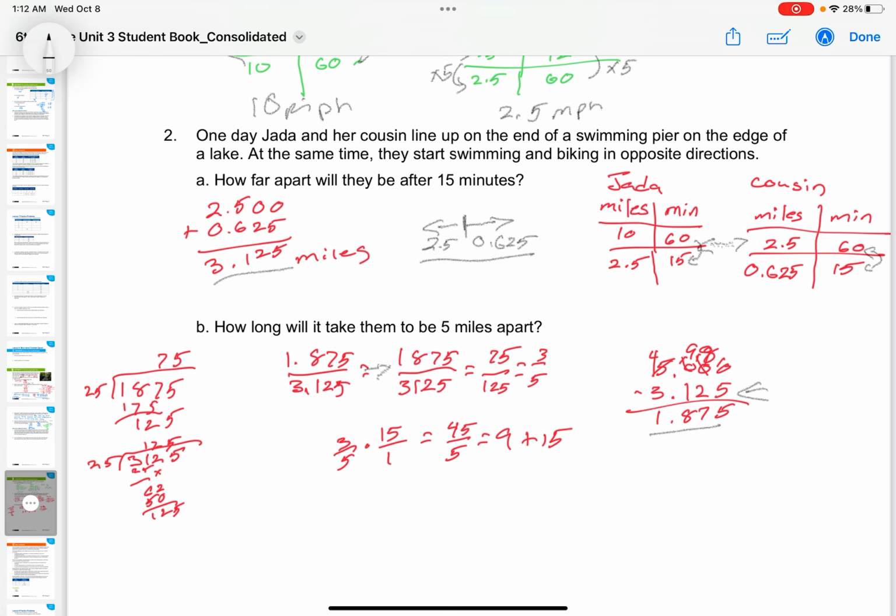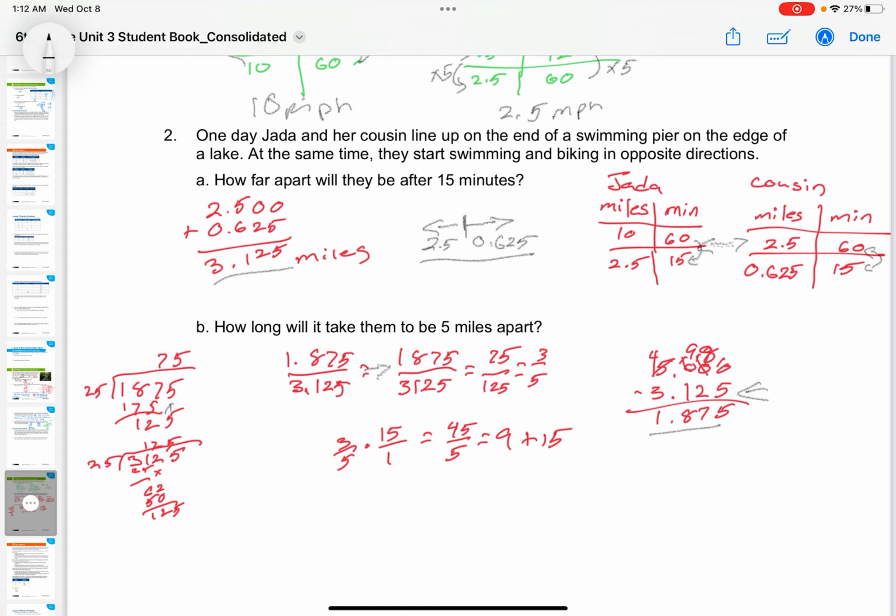Here, I recognize that this ends in 75 and that ends in 25, so I'm going to divide by 25. And I say, well, 25 goes into 1875 75 times. Goes into 187 7 times. With 12 left over, bring down the 5. And 5 times 25 is 125, so that's 75.